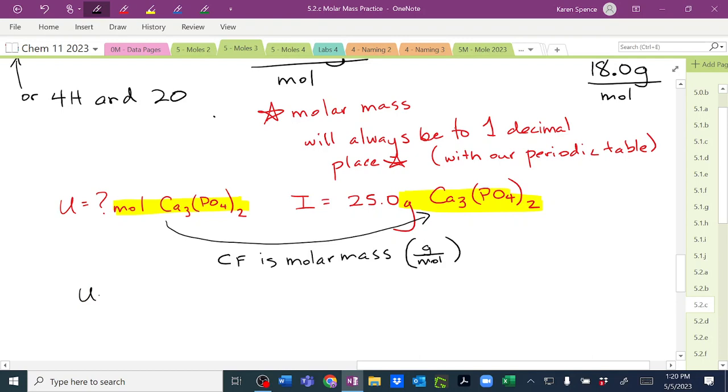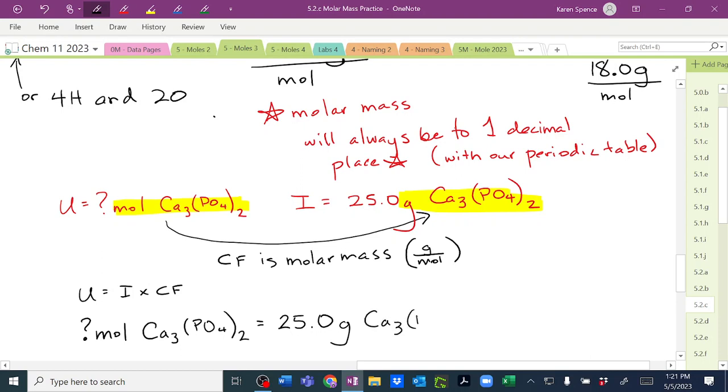So our unknown is equal to our initial quantity times our conversion factor. So how many moles of Ca3(PO4)2 can we get if we have 25.0 grams of Ca3(PO4)2?